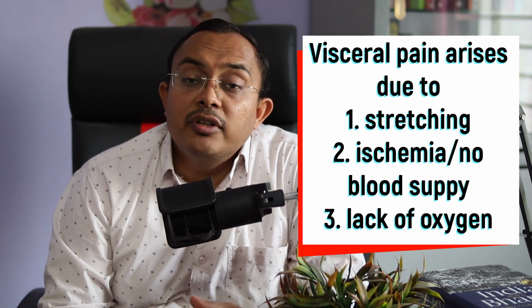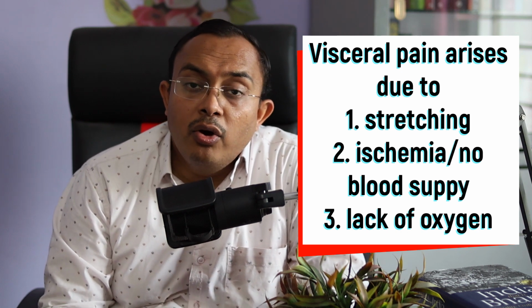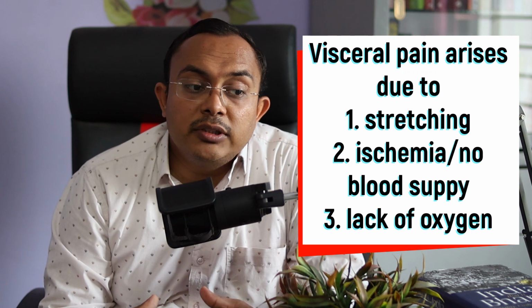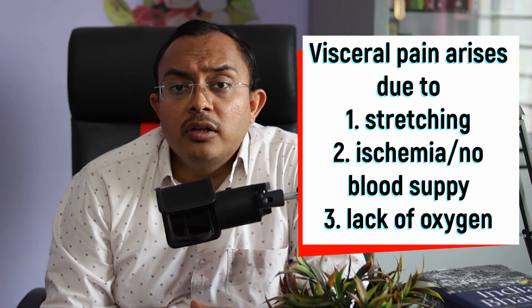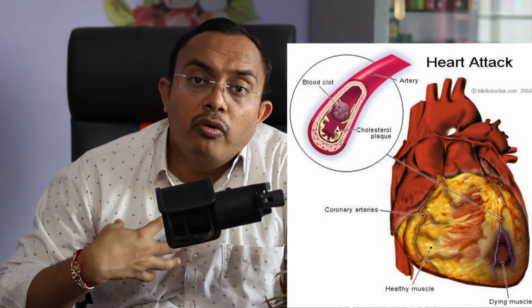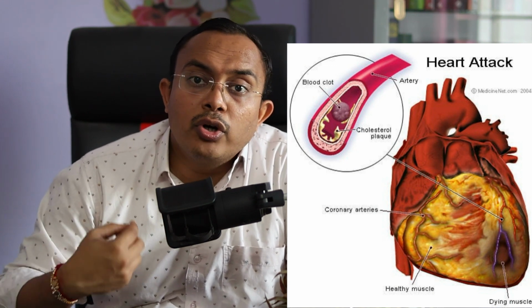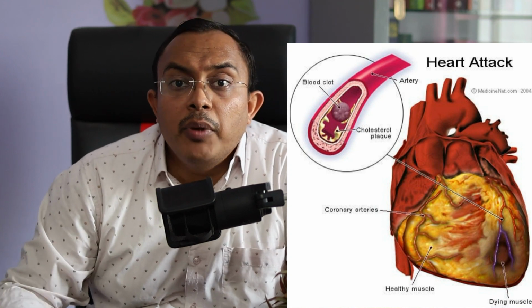In some cases, whenever there is ischemia, whenever some organ does not get blood supply or oxygen supply, that pain sensation also arises. The classical example is myocardial infarction. When a particular wall of the heart does not get proper blood supply due to a clot in the blood vessels, we all know that it leads to pain sensation.